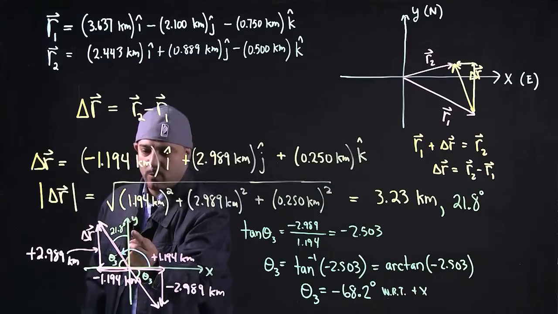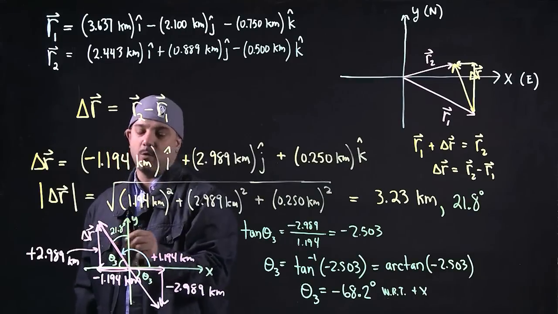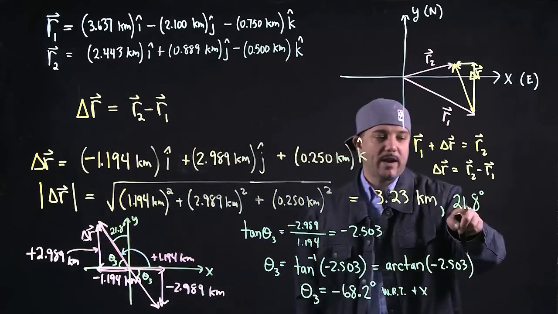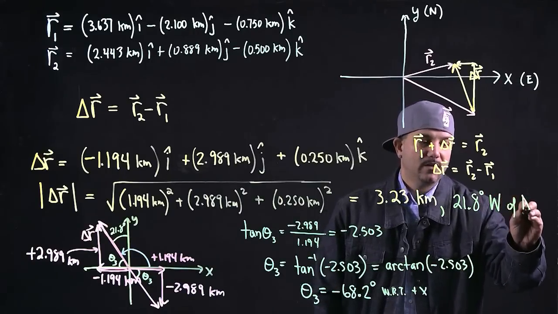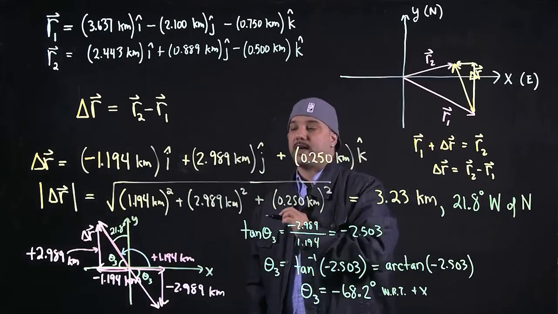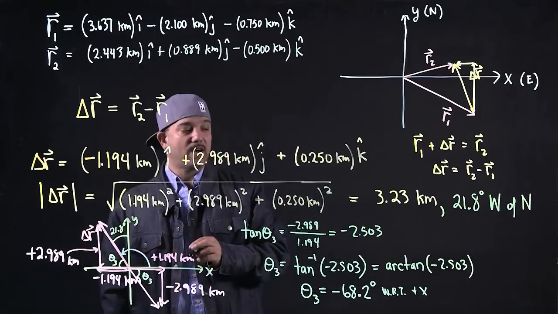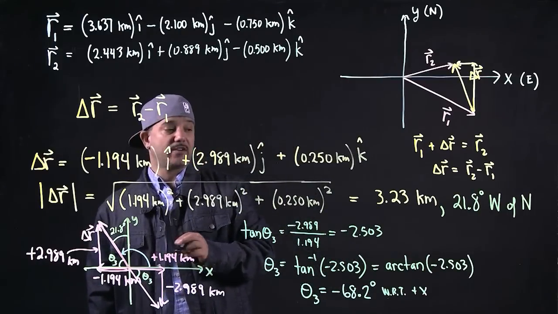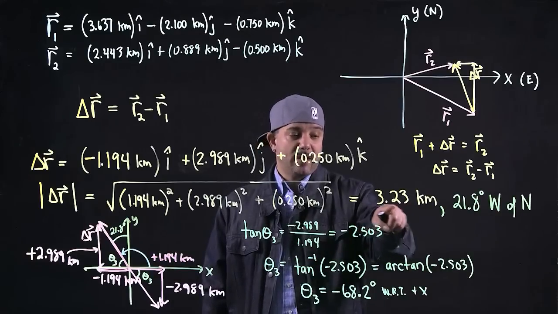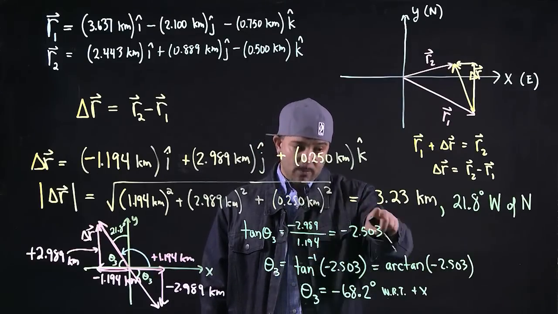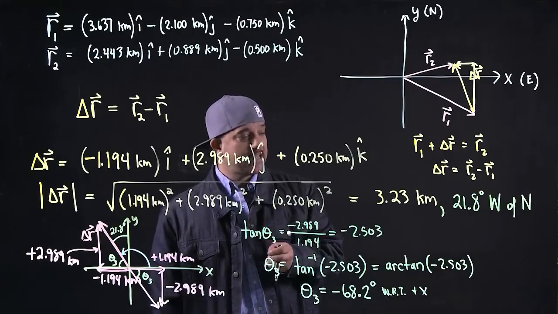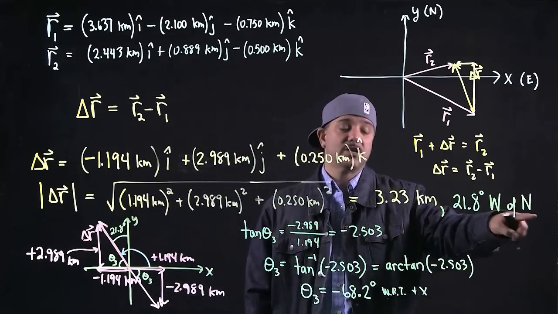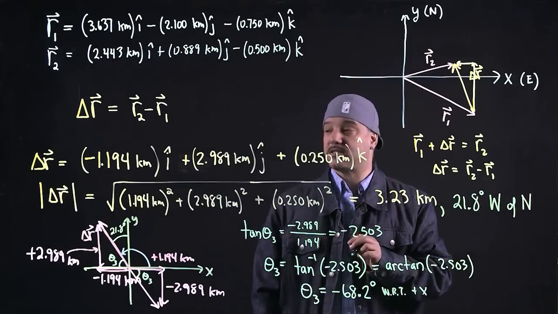This is north, so we're a little bit west of north. So I will write this as 21.8 degrees west of north. That's another way of stating our position vector. It's 3.23 kilometers in terms of its distance, and its direction is 21.8 degrees west of north.